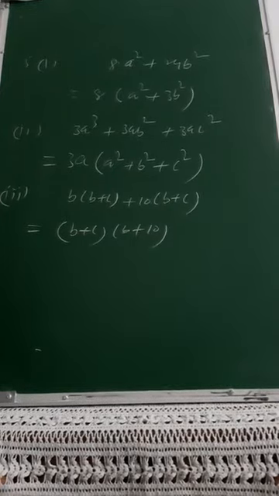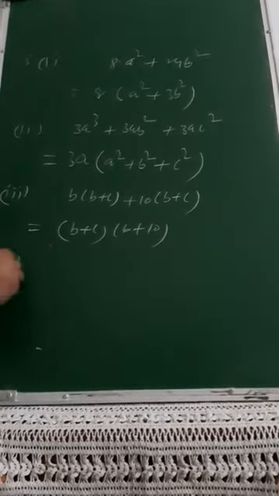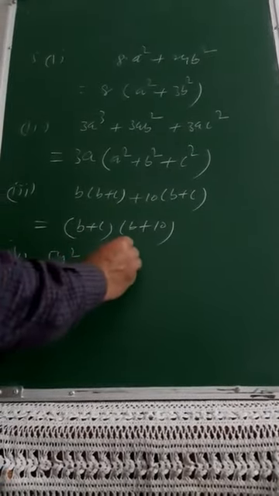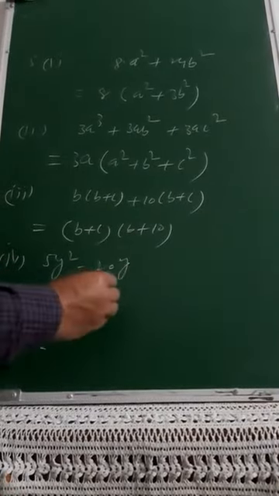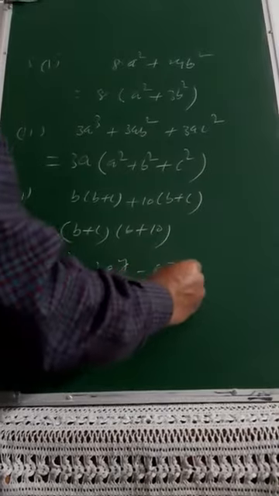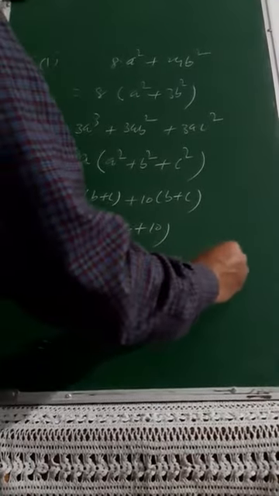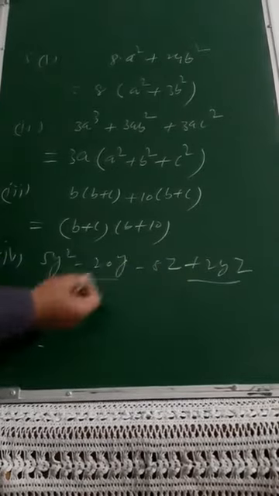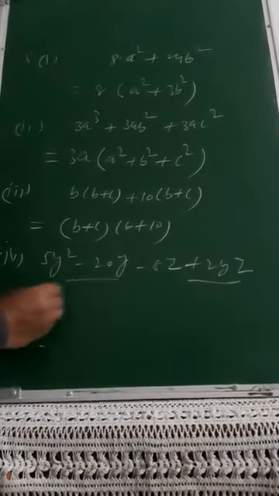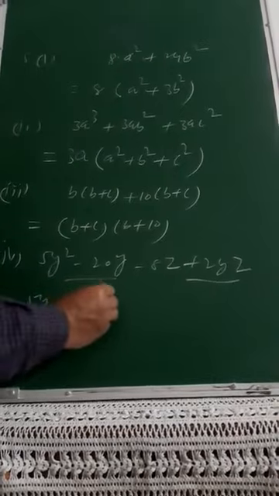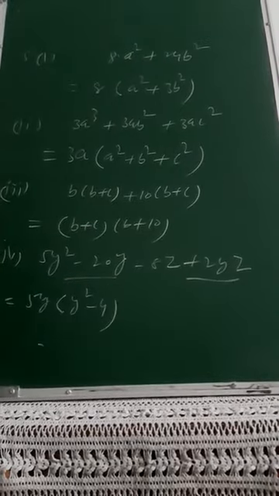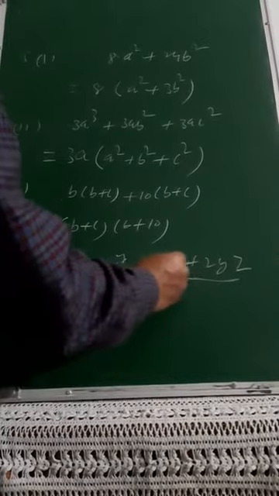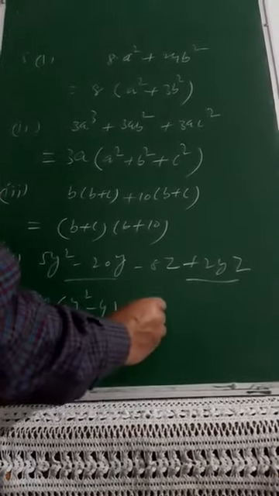Then the fourth part is 5y square minus 20y, then it is minus 8z and plus 2yz. Fine. You just go for the pairing, because in 5y square and 20y I am taking 5y common. You take it easily. y minus 4 is there. And then here, if you see 2yz and 8z, I can take 2z common.